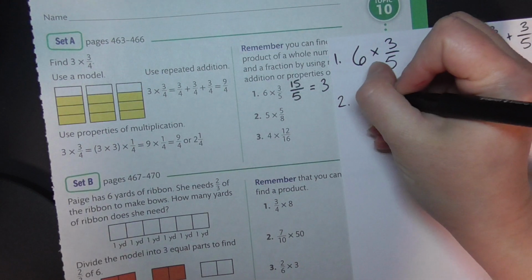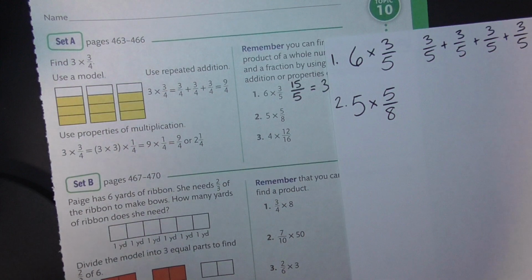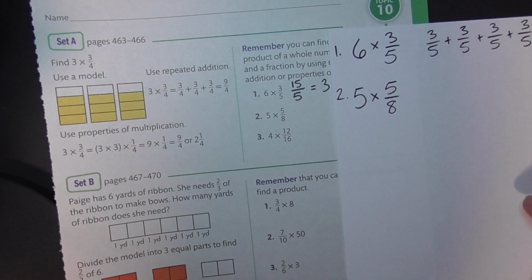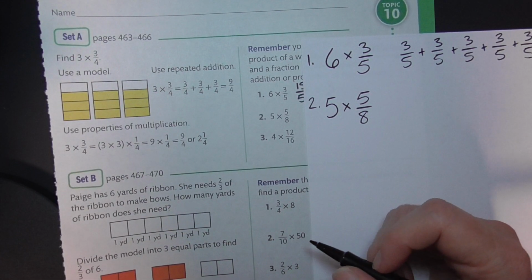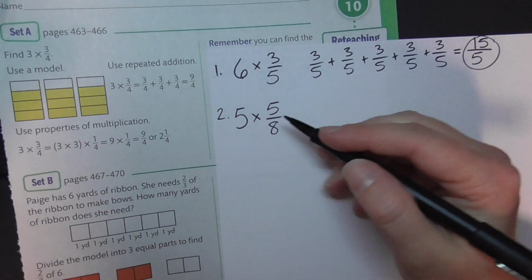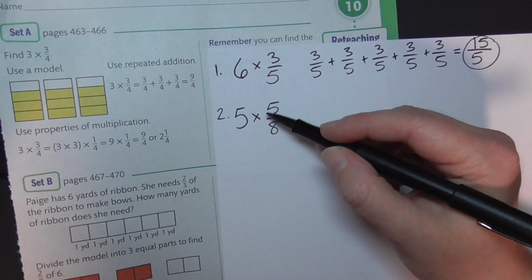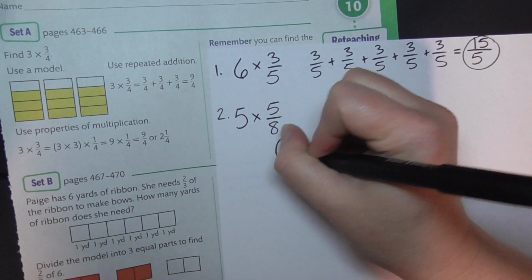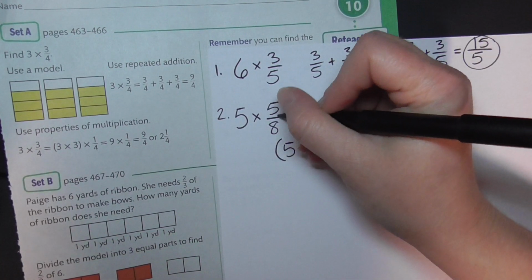Number 2, 5 times 5 eighths. For this one, we're going to go ahead and try our properties of multiplication, our associative property method. So what they want you to do here, they want you to know that if you take this fraction right here, all this fraction right here means is it is 5 times the unit fraction of 1/8.